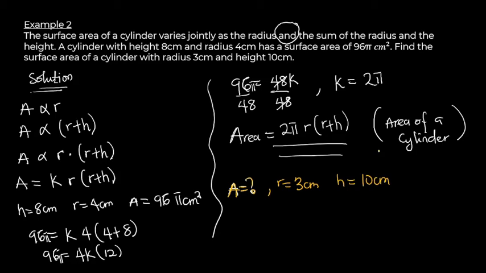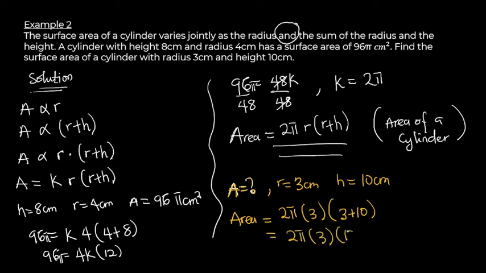So our area will be equal to 2 pi multiplied by the radius, which is 3, and then multiplied by the sum of 3 and 10. So this is going to be 2 pi into bracket 3 multiplied by 13.